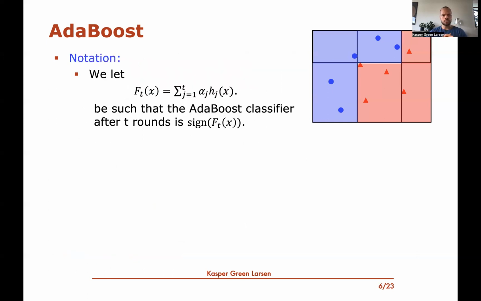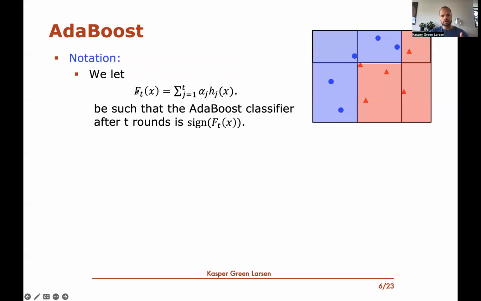Good. So to try and analyze this, we'll introduce this notation that we call capital F sub t, which is basically the classifier that AdaBoost has produced after t rounds but before we take the majority vote, right? If we wanted the actual classifier after t rounds, we would take the sign of this weighted sum.